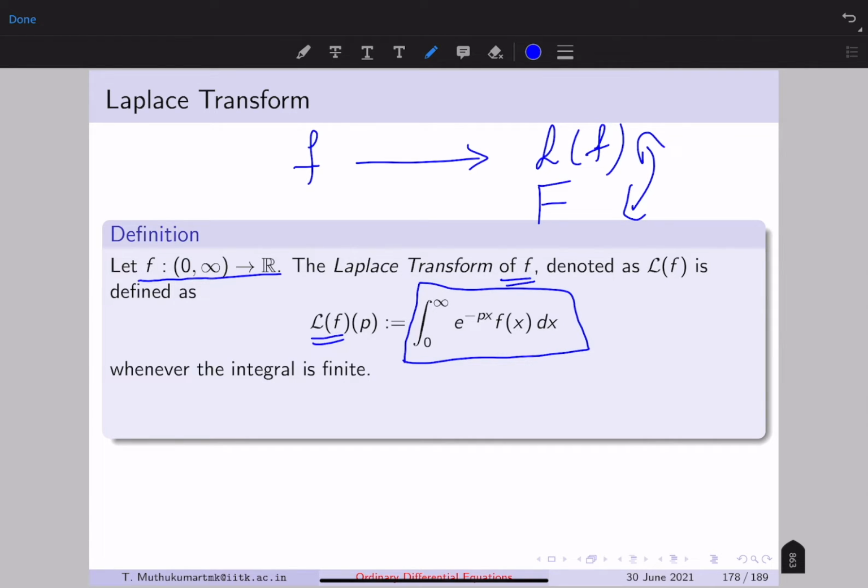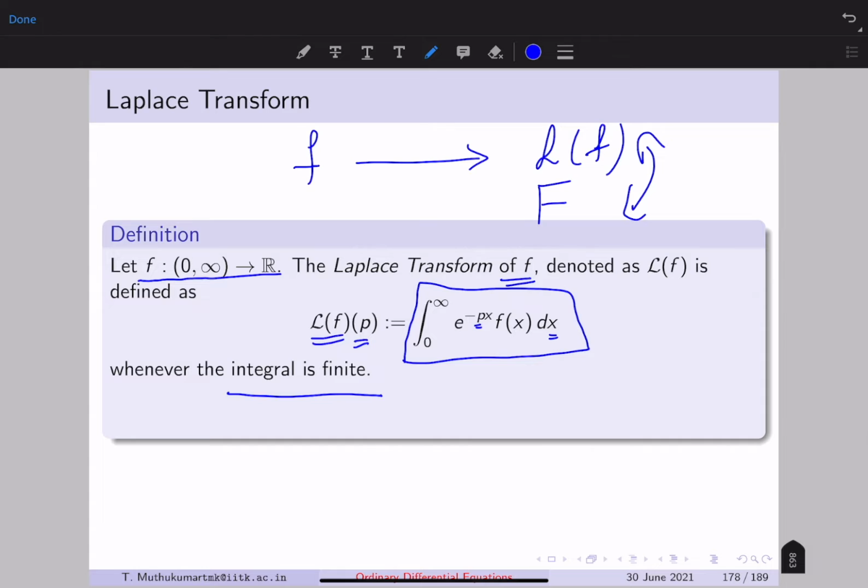The independent variable is p, and that p appears in the exponential here, and you are integrating over the x variable, so it's a function of p. Whenever this integral is finite, you have a finite value for L f of p. So for all such p, this is valid.